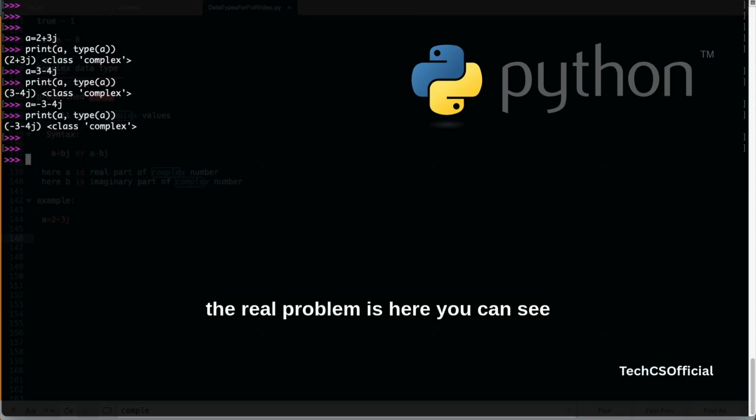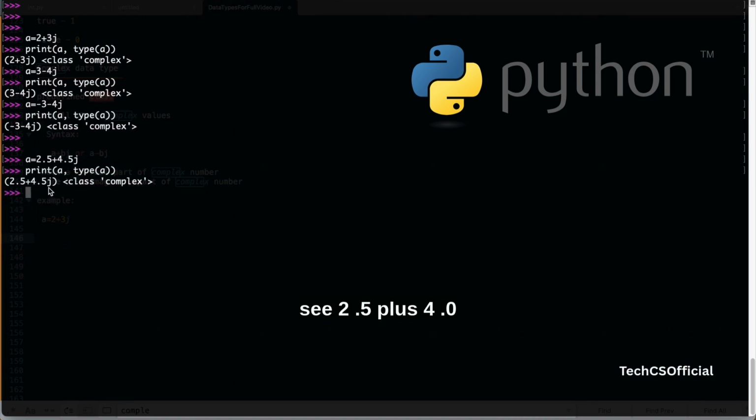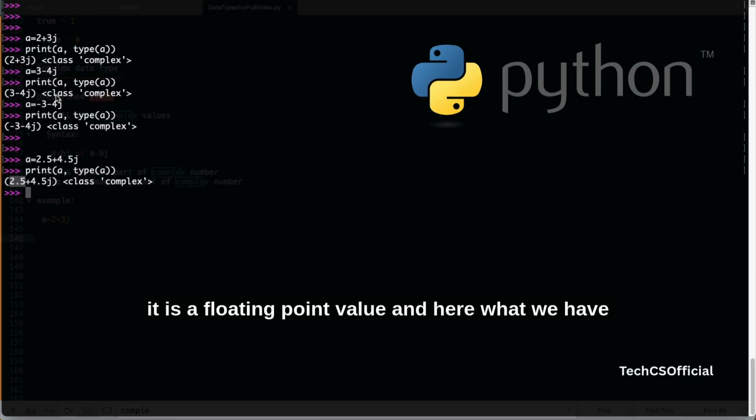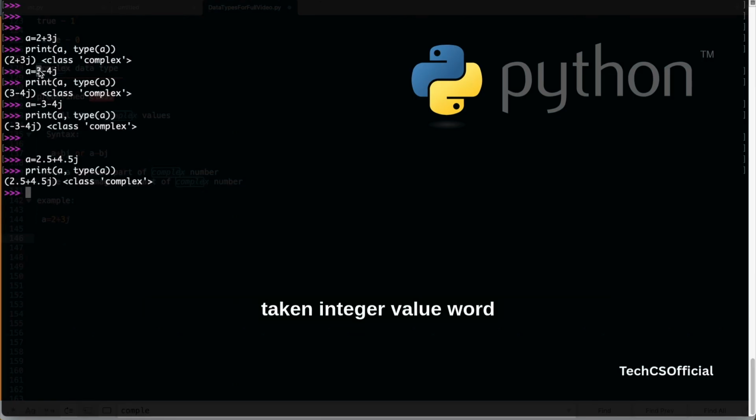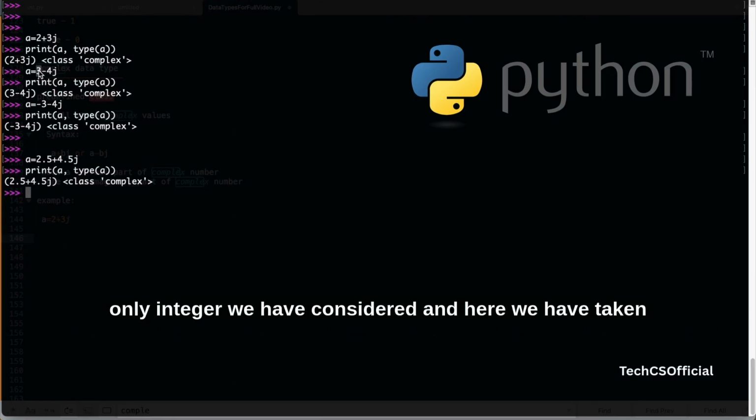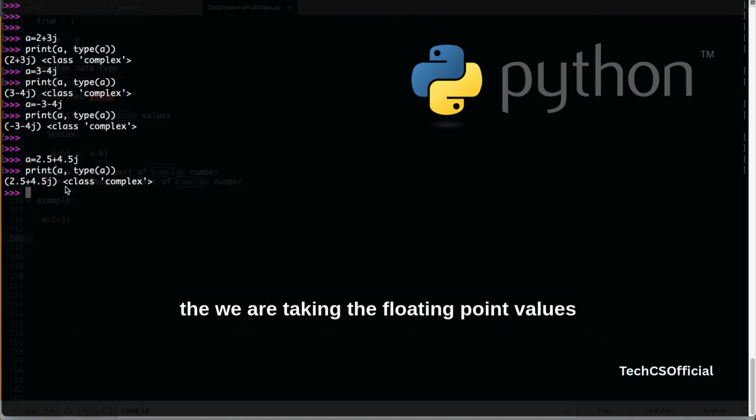Now the real problem is here. You can see 2.5 plus 4.5j. Now you can try to print it. See, 2.5 plus 4.5j is a floating point value, whereas before we considered only integer values, and here we are taking floating point values.